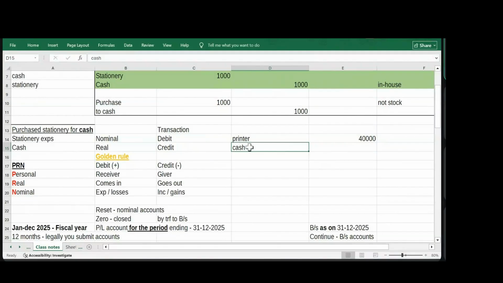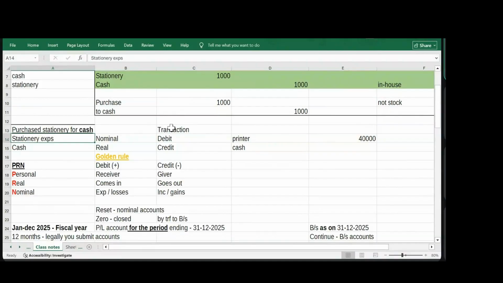So the account which is created is the master data. We will reuse that again and again, throughout the period, throughout the business, for different transactions. So we have master data, which is cash and expense.